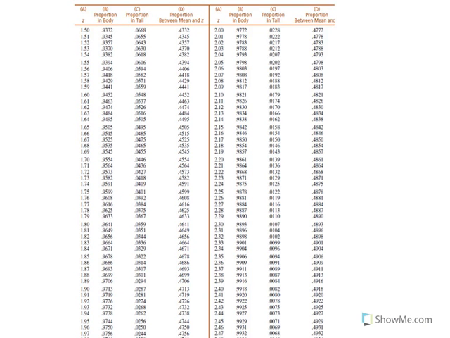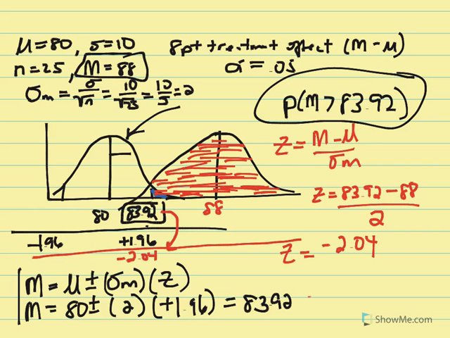So here's our unit normal table, and our z-score of 2.04 is here, and the body is this area here, so 0.9793 is the proportion in the body. What that means is that we've determined the power of this particular test. I'm going to go back to the previous slide to put this all together.